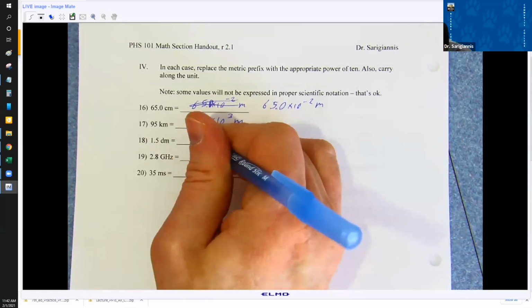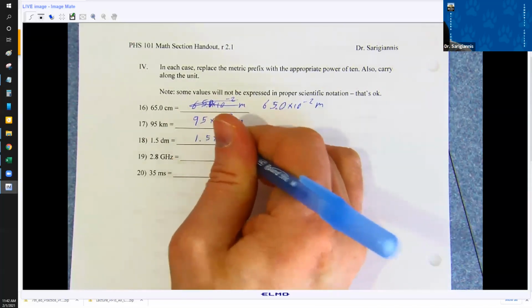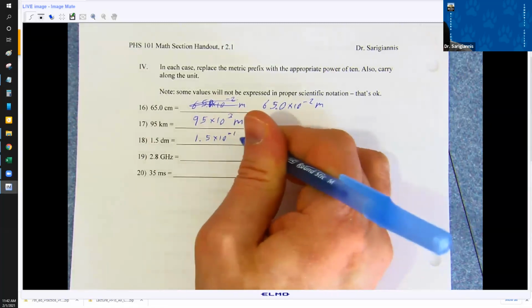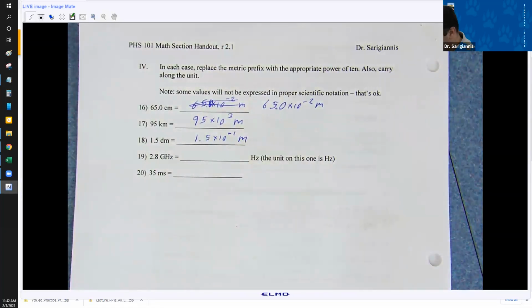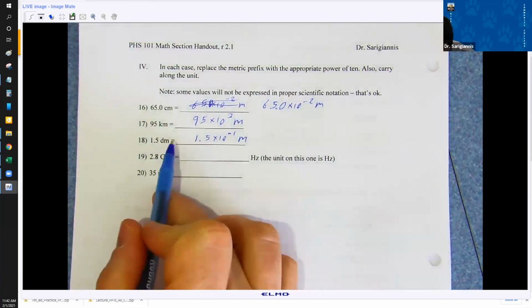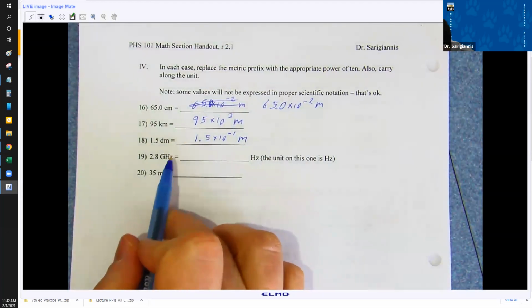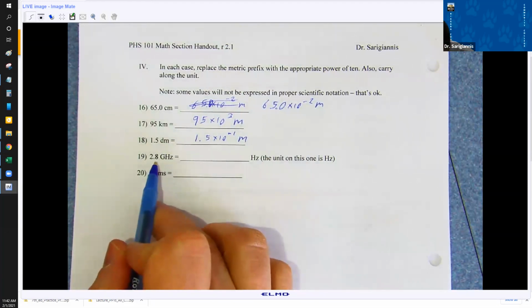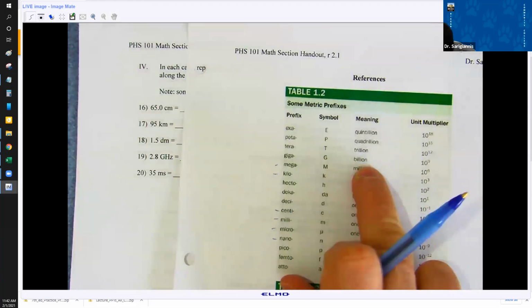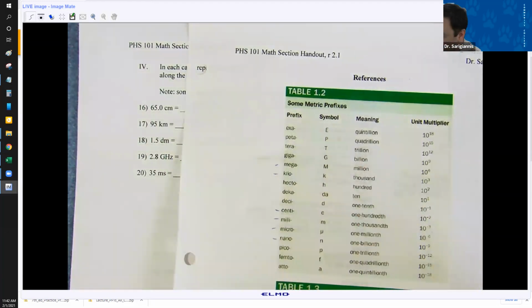1.5 decimeters. So here we've got 1.5 times 10 to the minus 1 meters. Deci is a tenth of a meter, or a tenth. 2.8 gigahertz. Giga, you might have to look up. It's a billion, it's 10 to the 9th.